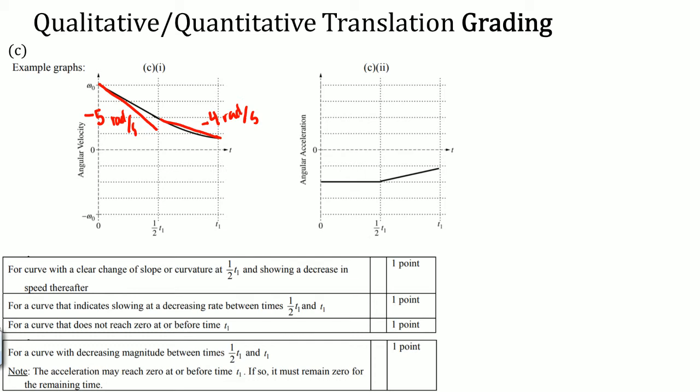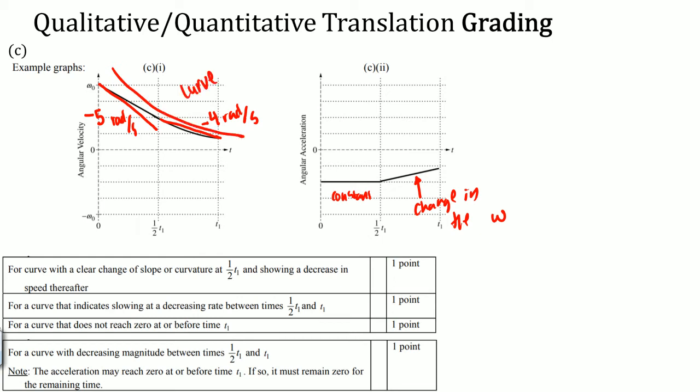And then here, it looks like it increases. So this is constant, and then it goes up a bit. The reason it goes up a bit is because this indicates the change in the angular velocity. That's why it spikes up, because technically this here is a curve.